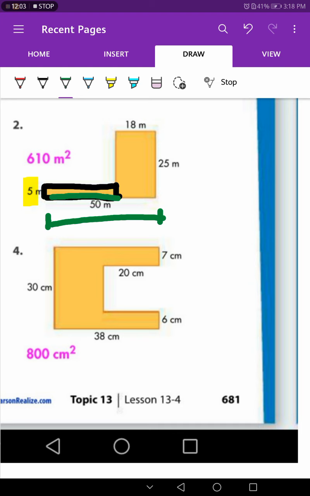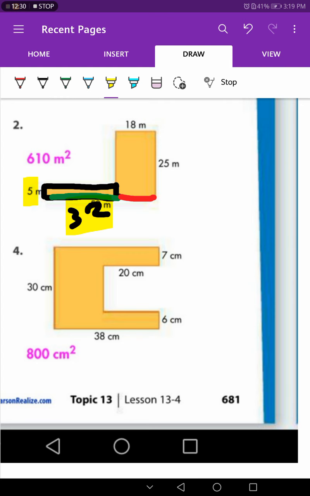So cut the 18, this piece, from the 50, and you know it is 18. So 50 minus 18 equals 32. So this piece is not 50, it is 32.